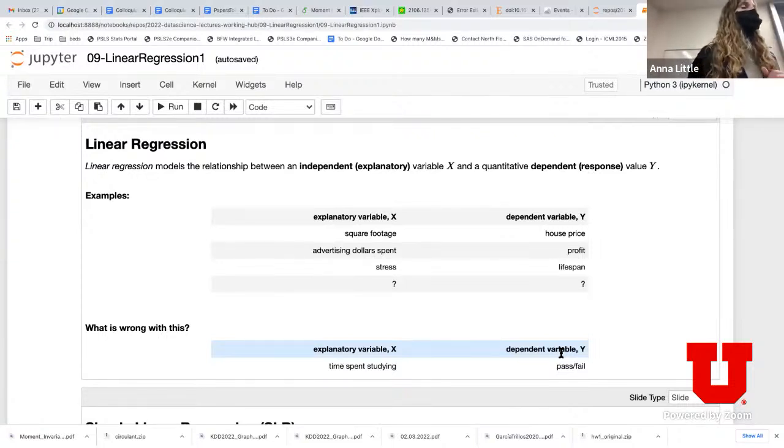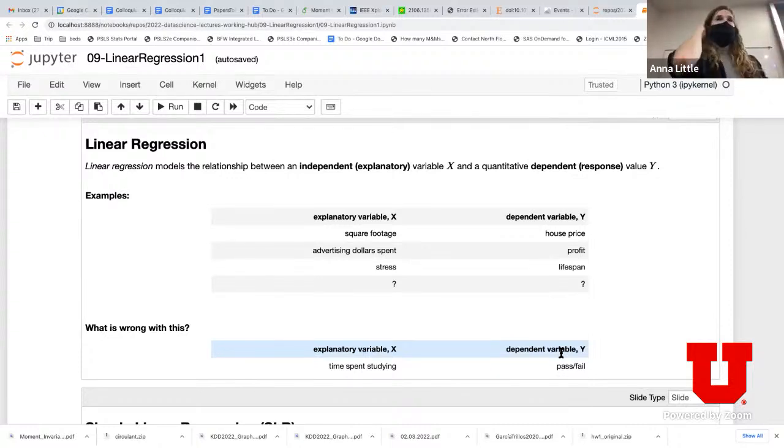Go ahead. Yeah, we're seeing how changes in X affect Y and how it increments in relation to it. If it's pass-fail categorical, then as time spent studying increases, it's one or the other, and it can't have a relationship, I guess. Exactly. So with linear regression, for our response variable, we're thinking about something quantitative, not something categorical, right? Something that we're measuring.